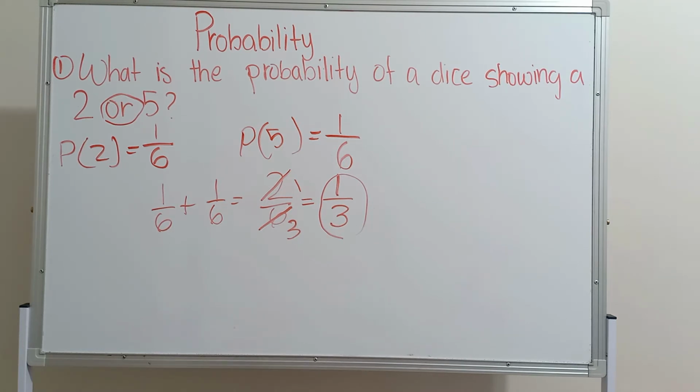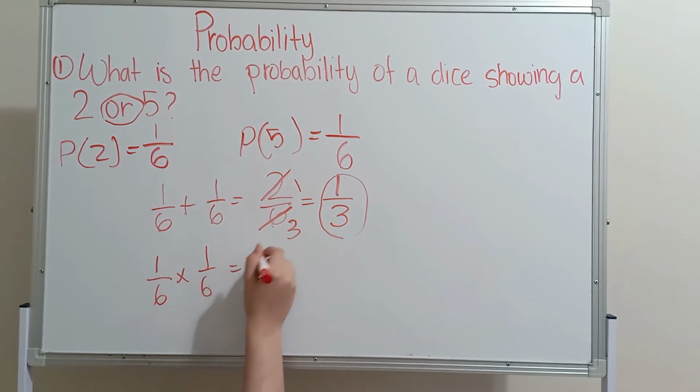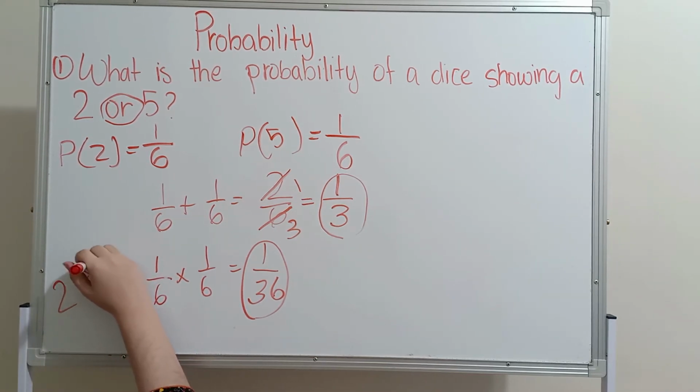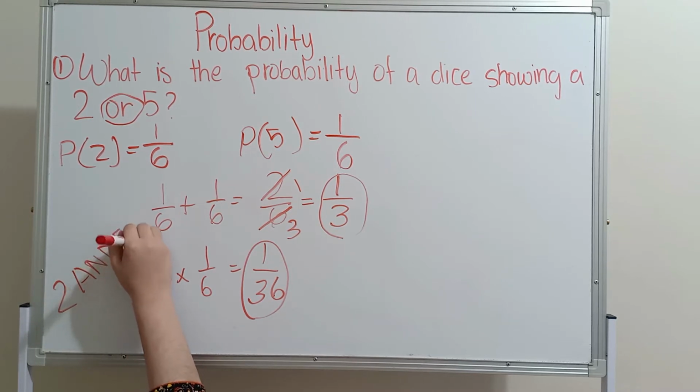So why I said that the word or was important to look at, because if it was 2 and 5, instead of adding here, we would have multiplied both of those probabilities and gotten 1 over 36 as our answer. But that is only if they're asking for 2 and 5.